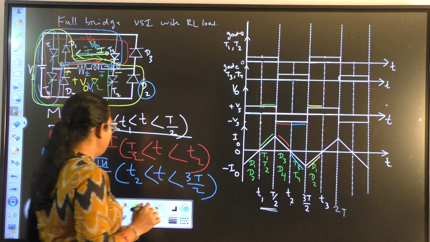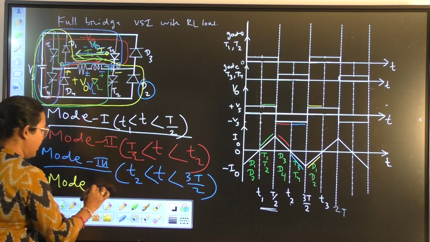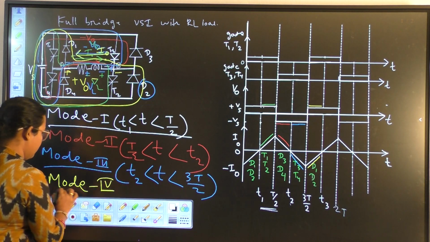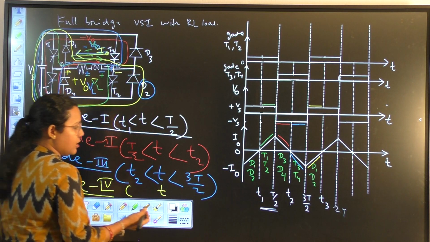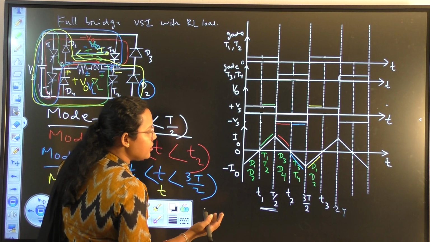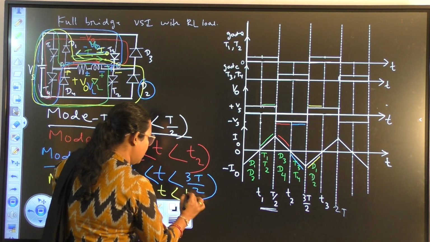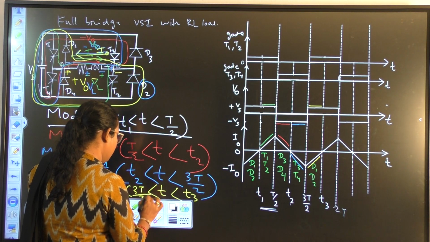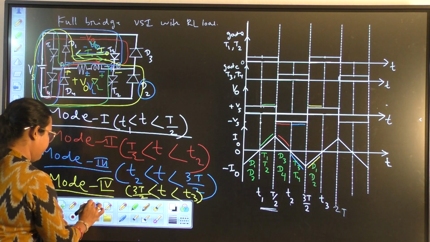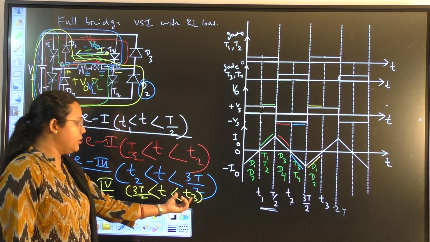All 4 modes of operation are discussed here. Mode 4 time period is between 3T/2 to T3.